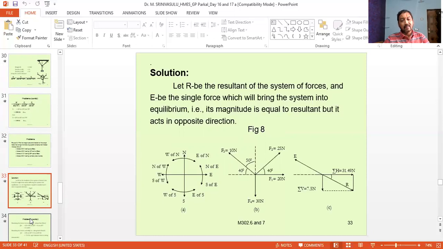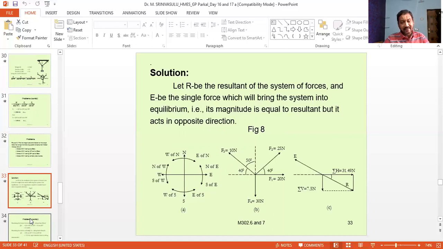Similarly, for south of west, in the southwest direction, you have to take the angle from the west. Sometimes they may specify a force acting in the northeast direction. Northeast means a line which divides the angle between north and east into two equal parts.